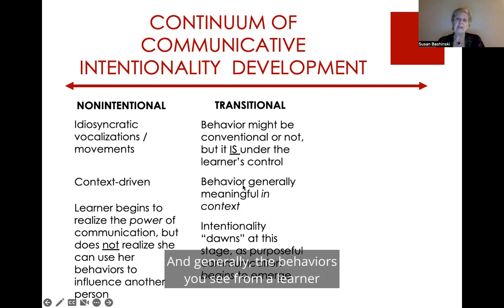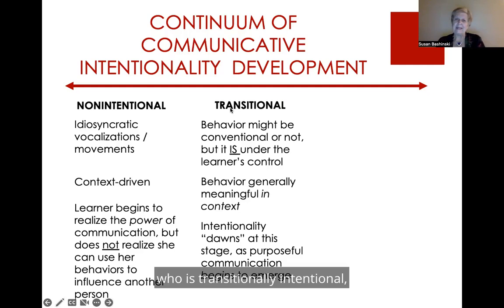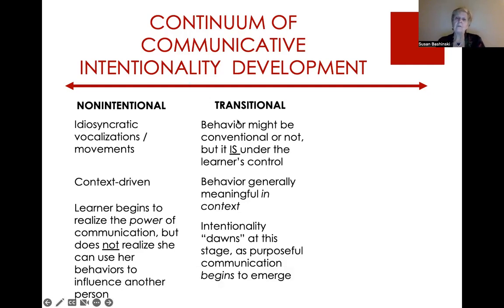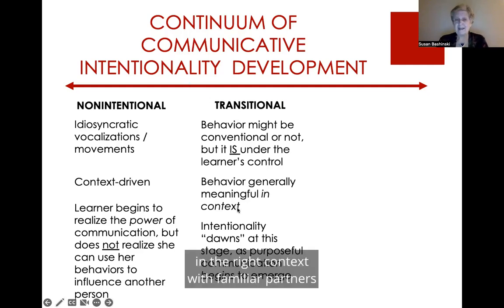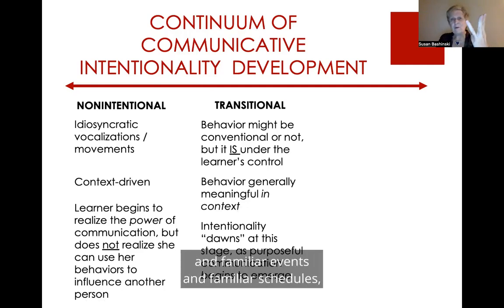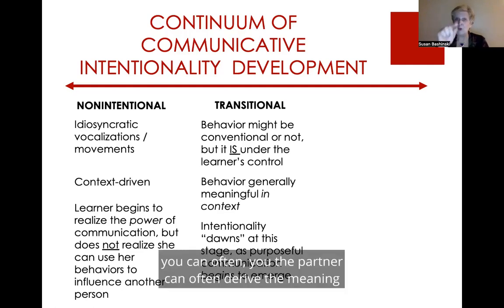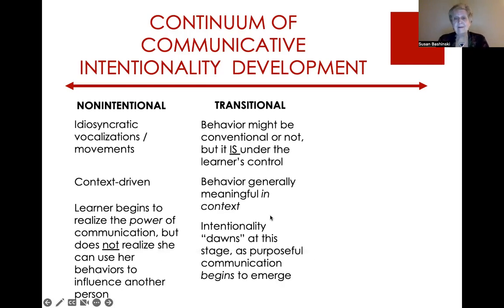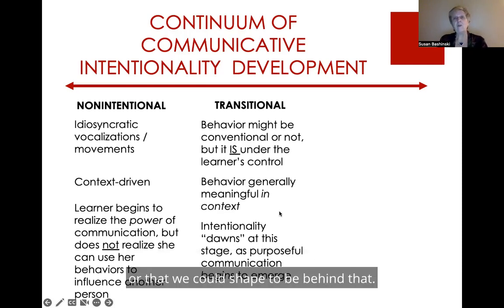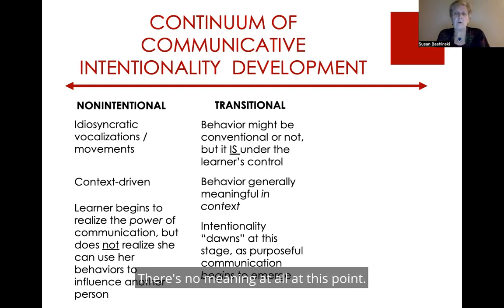And generally, with the behaviors you see from a learner who is transitionally intentional, in the right context with familiar partners and familiar events and familiar schedules, you, the partner, can often derive the meaning that might be behind that, or that we could shape to be behind that. Maybe there's no meaning at all at this point, but you say, she does this a lot.